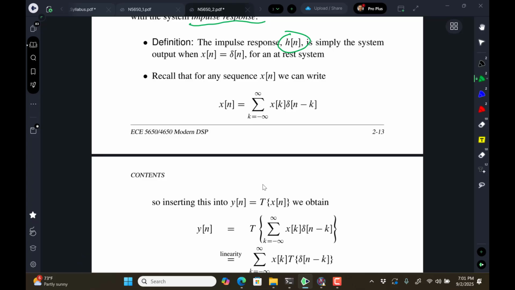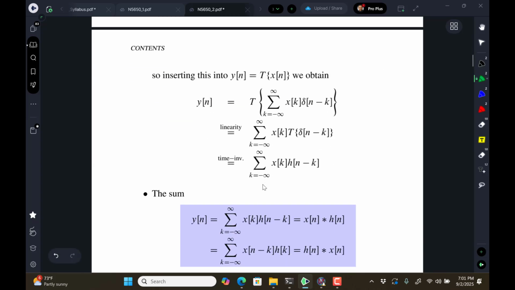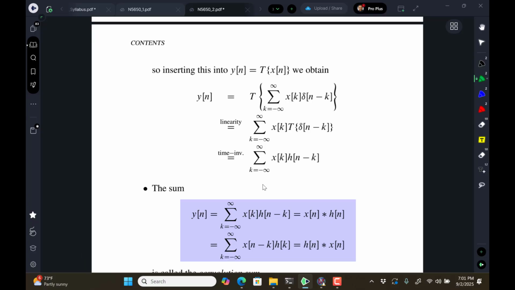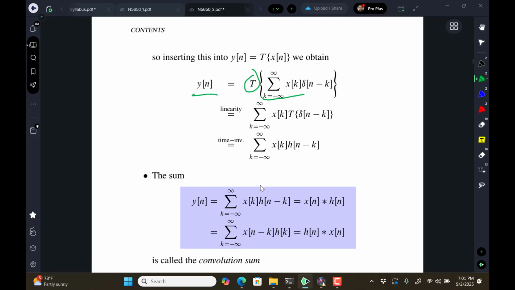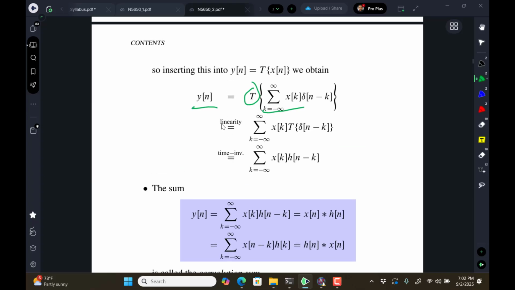So we go back to what we looked at a little bit earlier tonight. We can write x of n as a linear combination of time-shifted delta functions. Now we plug that definition in. It's sitting right inside here. And then we're going to operate on it here, and we're going to say that is y, the output. If our system is linear and time invariant, the linearity part says what?